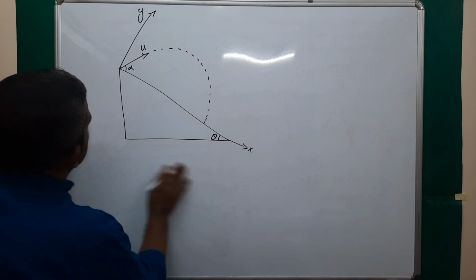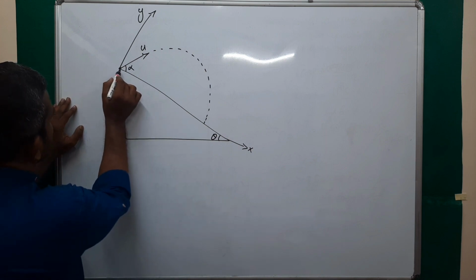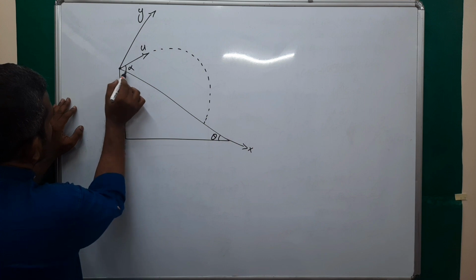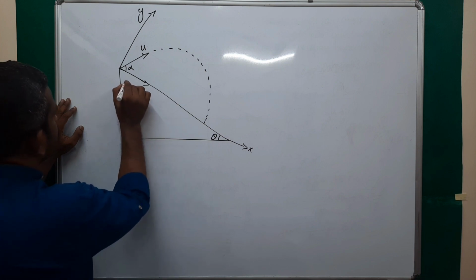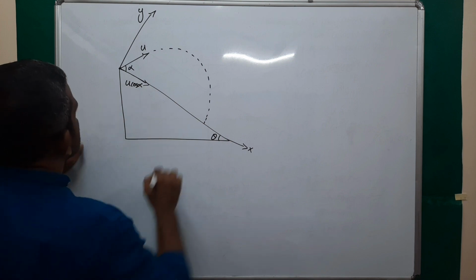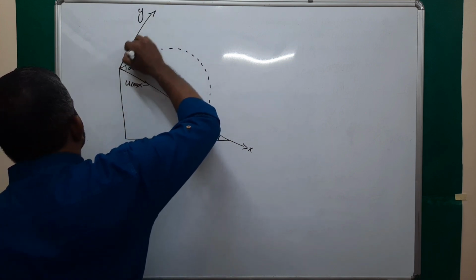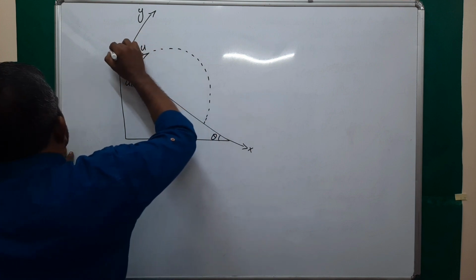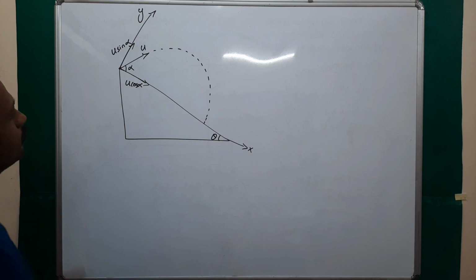So what are the different component vectors? In this direction it is u cos alpha. In this direction, u sin alpha.